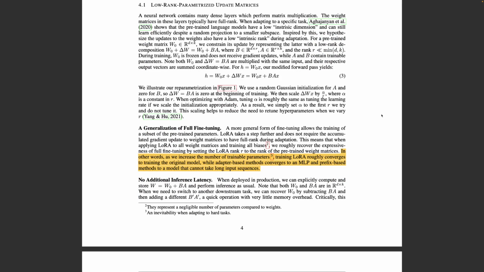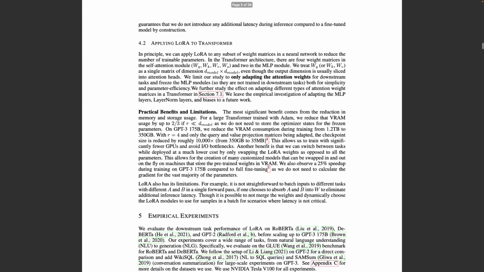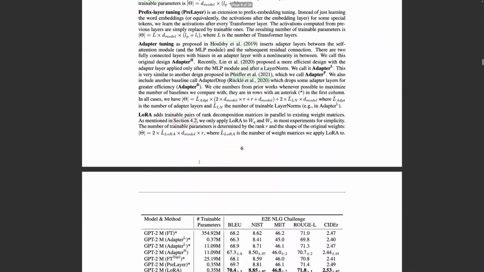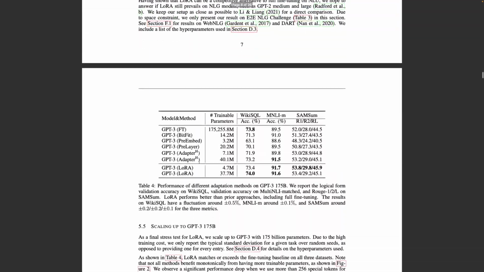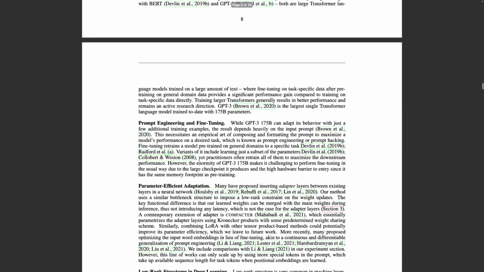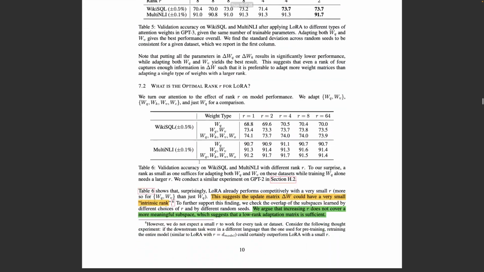Here they argue that LoRA roughly converges to training the original model, which is pretty interesting. They show a bunch of results that I'm going to skip over, but one thing that was pretty interesting was here. They tested changing different weights.